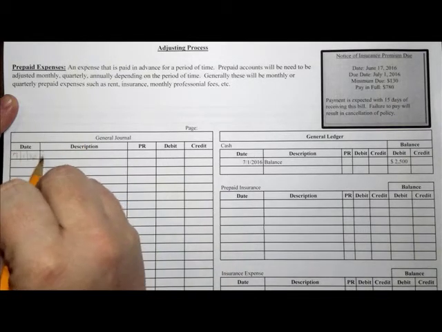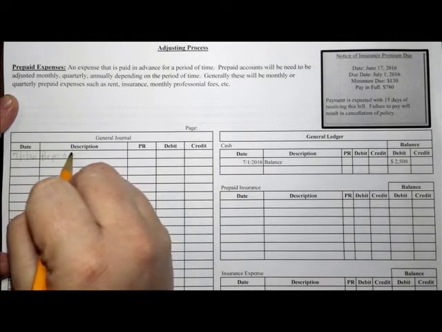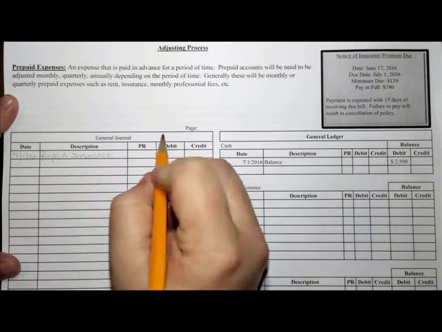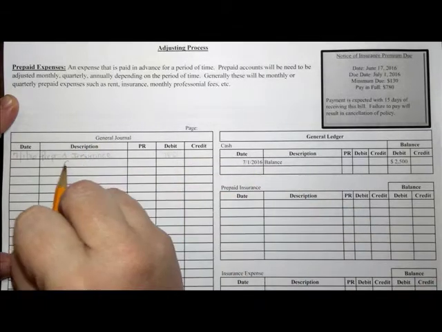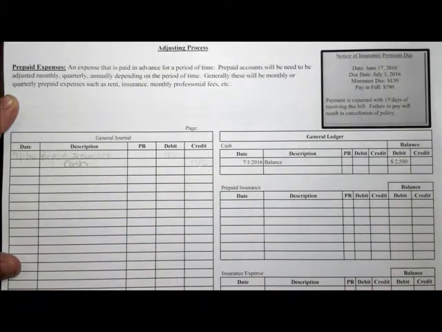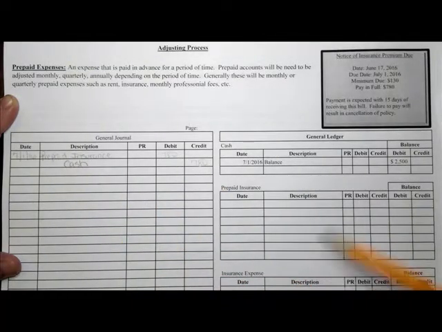We're going to debit prepaid insurance for $780. We're going to credit cash for $780. So let's go ahead and post this journal entry to the ledgers.